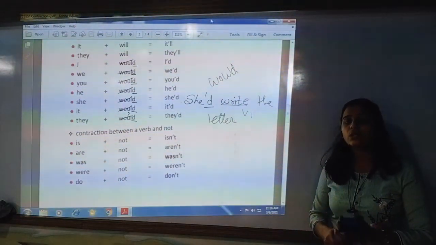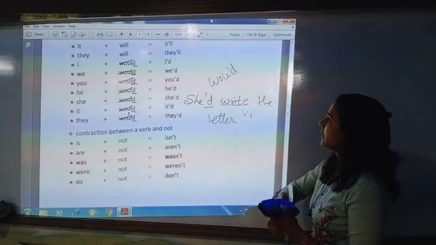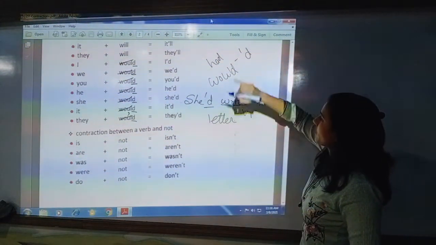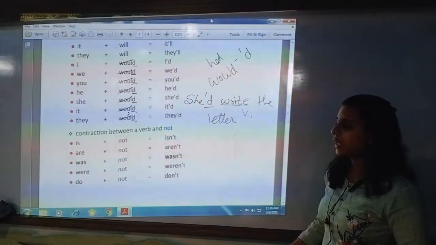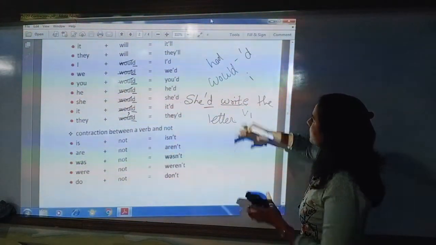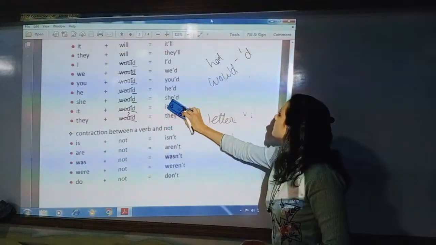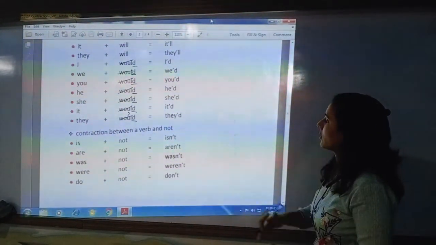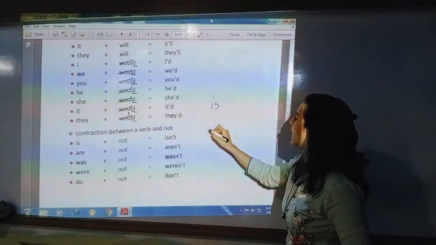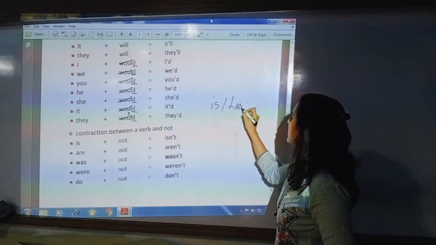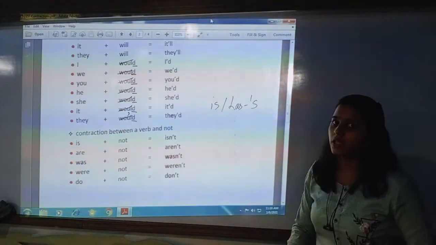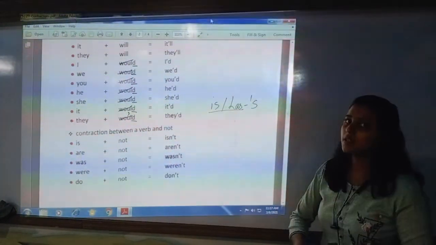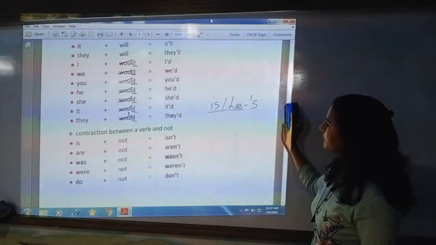Clear? So for had and would, the same apostrophe or contraction is used, and for is and has, the same contraction is used. So you have to understand the difference between these by understanding the verb form.